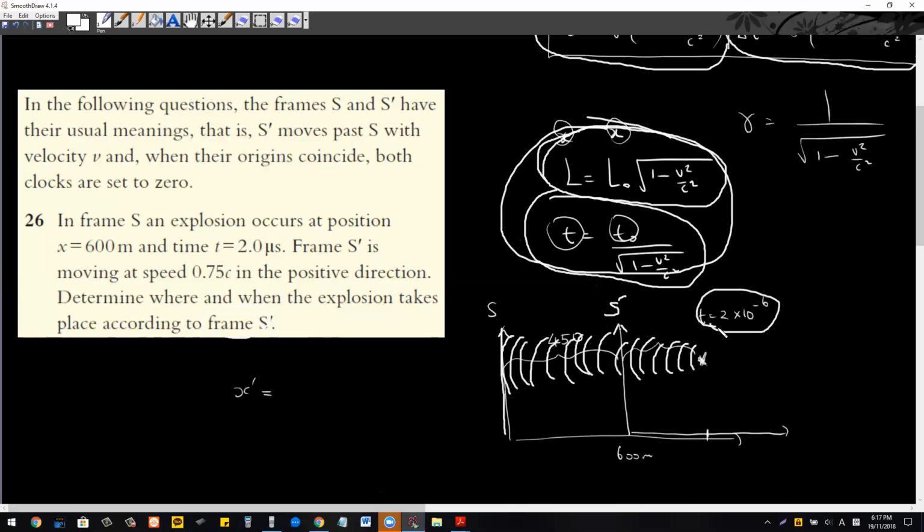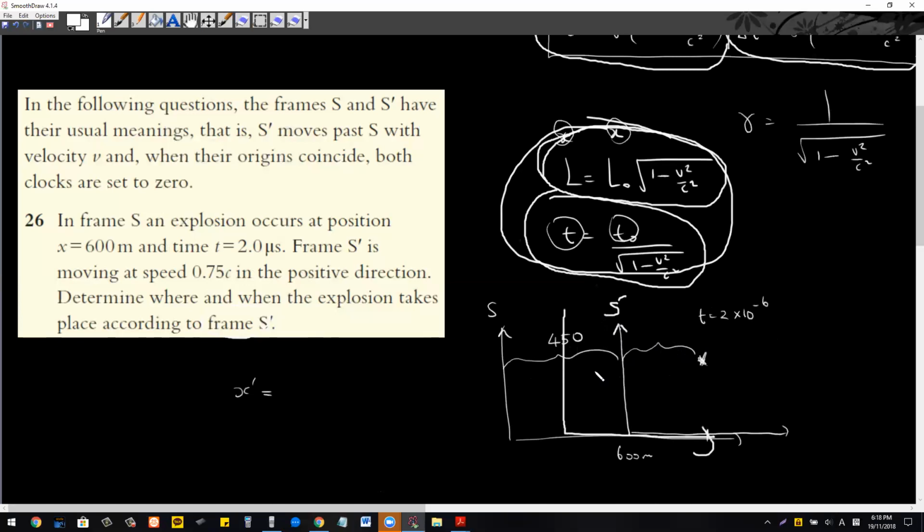Hold on. It must have taken the light a certain time to reach over here. But this frame is moving toward the signal, so this guy actually observes this event way before.